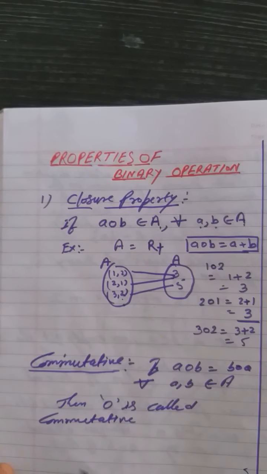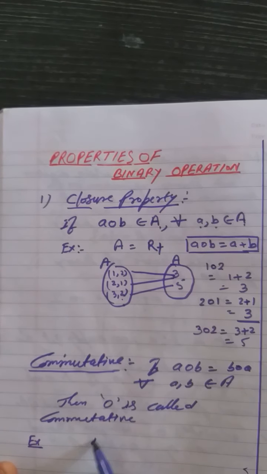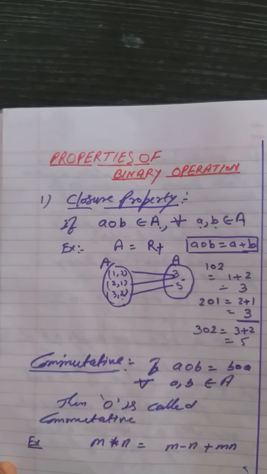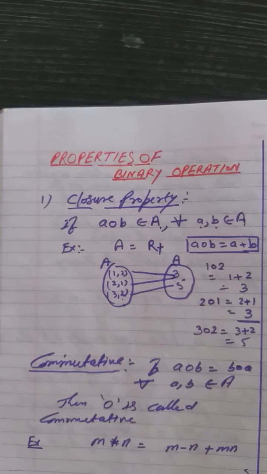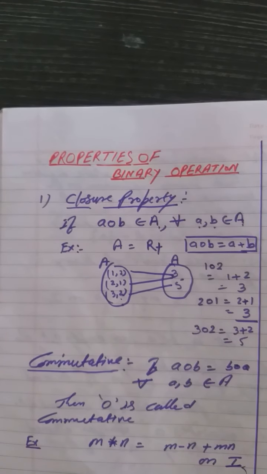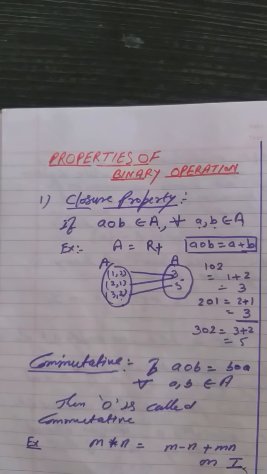Let a binary operation star be defined by m star n. The definition of the star is m minus n plus m into n, right? We have to check whether it is commutative or not on the set of integers.